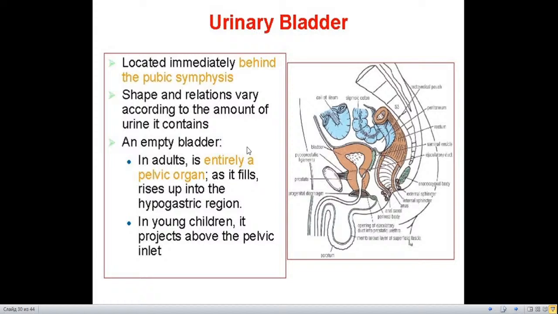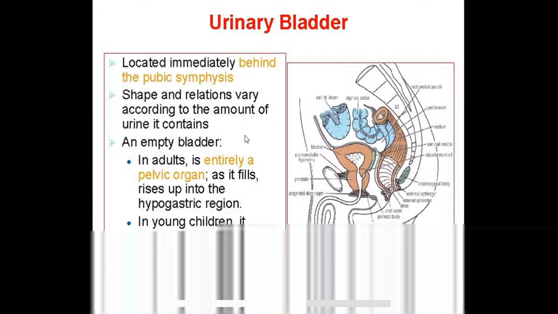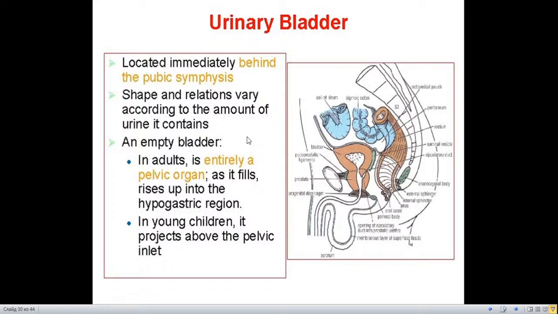Urinary bladder. The urinary bladder is located immediately behind the pubic symphysis. Its shape and relations vary according to the amount of urine it contains. You must remember the very interesting relationship between the urinary bladder and peritoneum, because this is a unique organ. When the bladder is empty, it is covered by the peritoneum on only one side and has an extraperitoneal position.